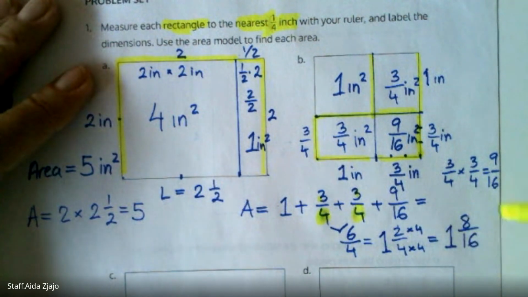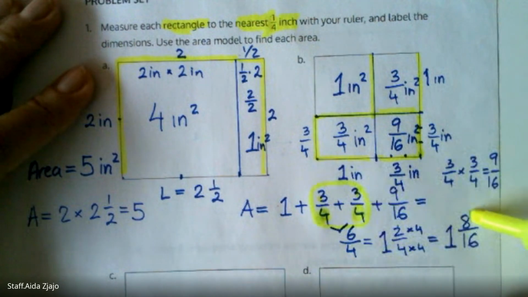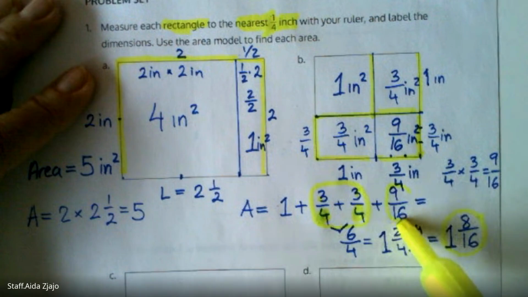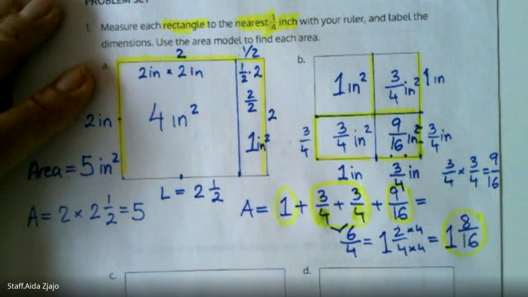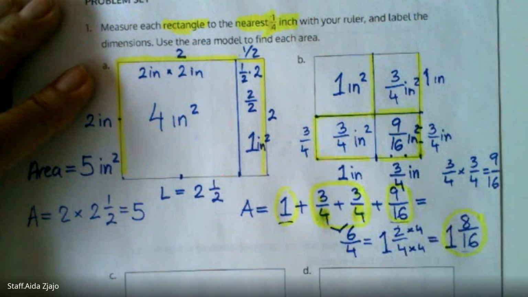Now I have to add that 9/16 and 1 whole to that. So I need to add this, this, and this together.